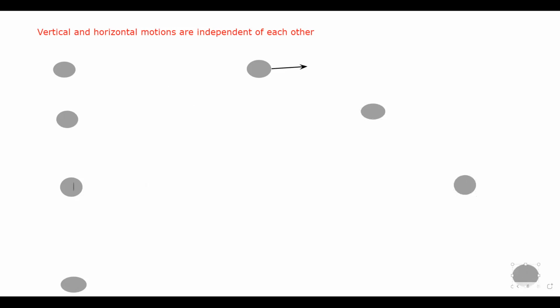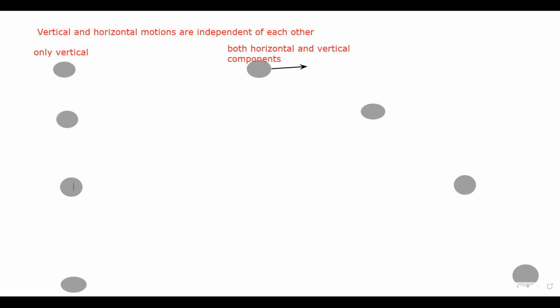So even though this object has only a vertical component and this object has both horizontal and vertical components, one object we drop vertically, another object we push horizontally, and it will fall.